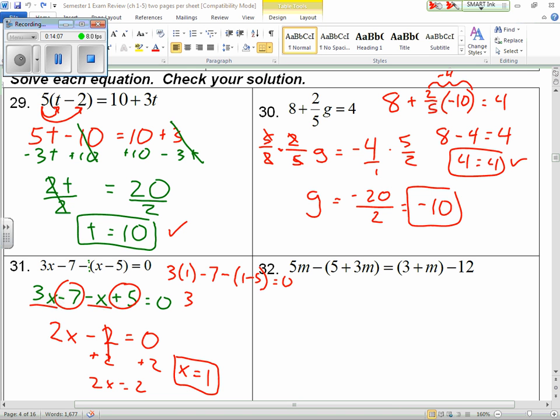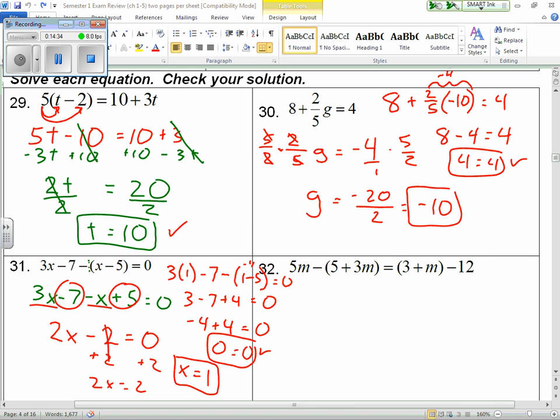That's 3 minus 7, and that's -4 inside, so plus 4. 3 minus 7 is -4 plus 4. Is -4 plus 4 equal to 0? 0 equals 0. It checks out. Okay, so this is my answer.